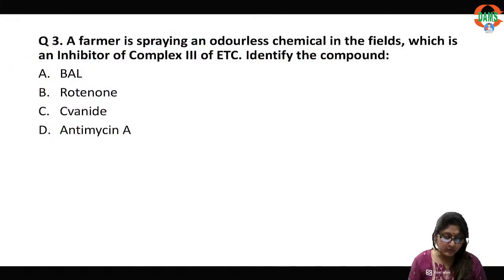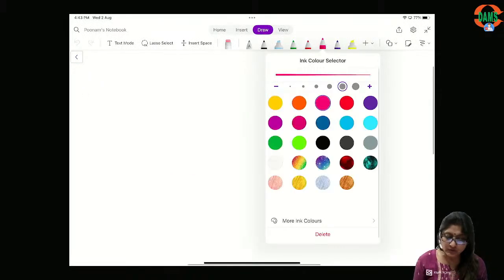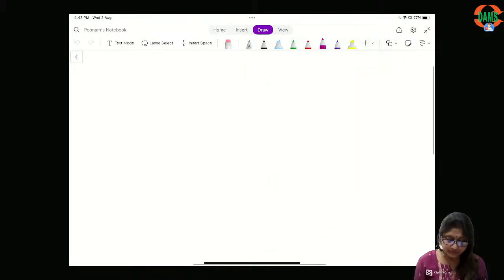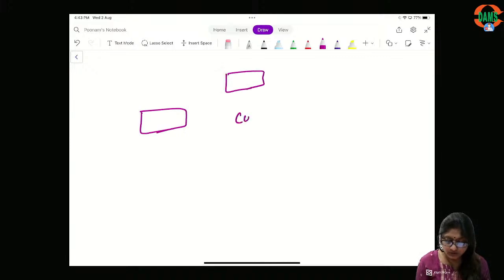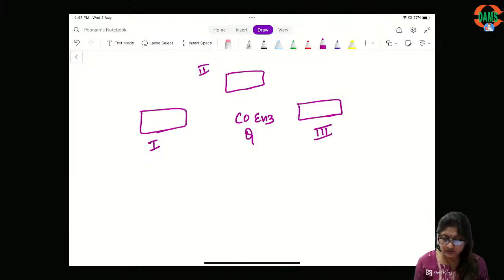And the next question was talking to you about a farmer spraying an odorless chemical in the field, which is an inhibitor of complex 3 of the electron transport chain. So you know what the complex 3 inhibitors are? When you're talking about the electron transport chain, you have coenzyme Q, and that coenzyme Q is surrounded by 3 enzyme complexes, complex 1, complex 2 and complex 3.